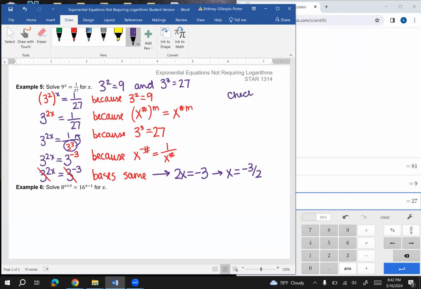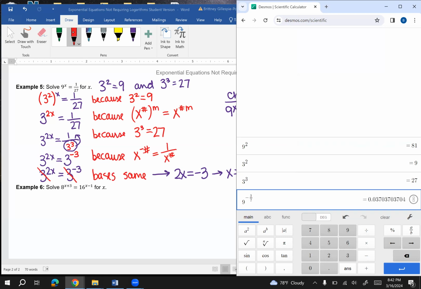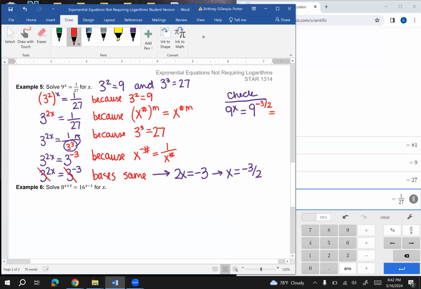And if you want to double check your work, on the left-hand side, we had 9 to the x. Now, plugging in for x, we would have 9 to the negative 3 halves. So 9 exponent negative 3 halves, convert back to a fraction, and we get 1 all over 27, which we had on the right-hand side of the equation. So x equal to negative 3 halves is our answer.